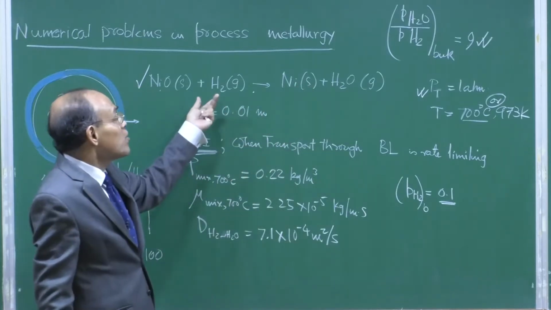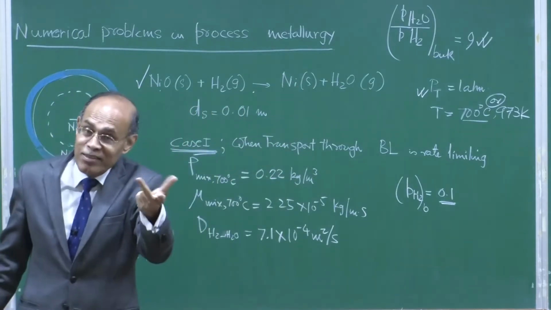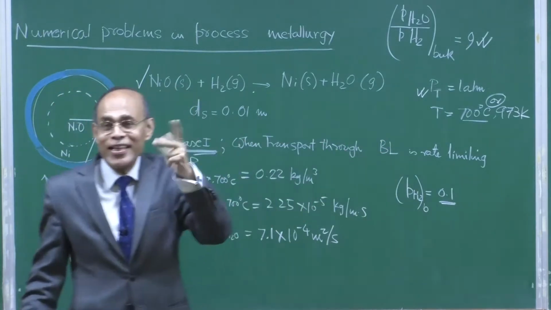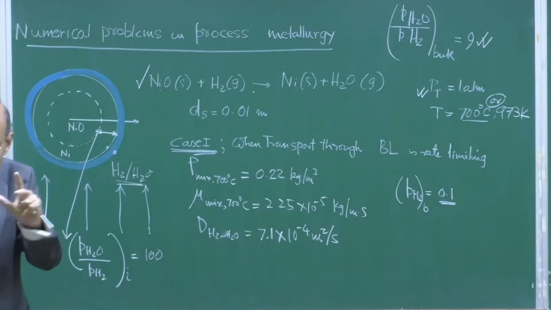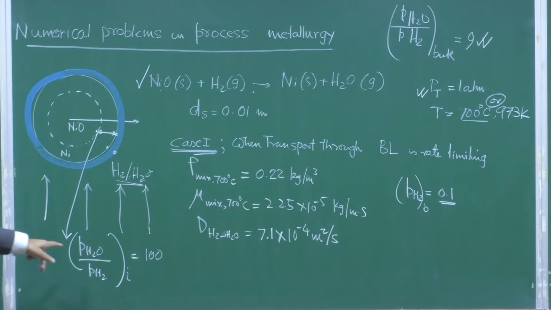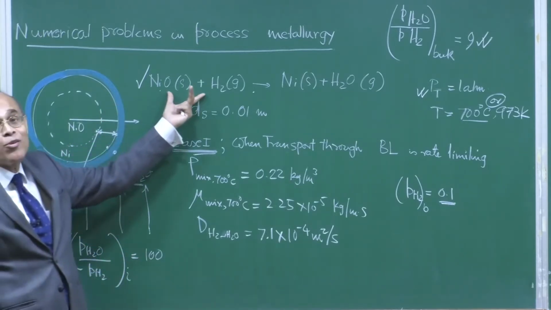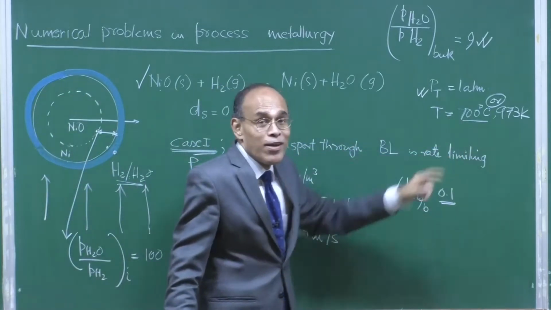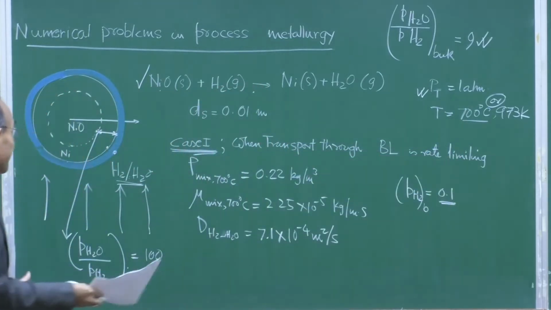So, therefore, the ratio can be obtained from the standard free energy change value, noting that the total pressure is 1. To save some time, these values have been directly provided to you rather than asking you to calculate the equilibrium on the basis of this reaction, because the temperature is also specified. So, one can really calculate.